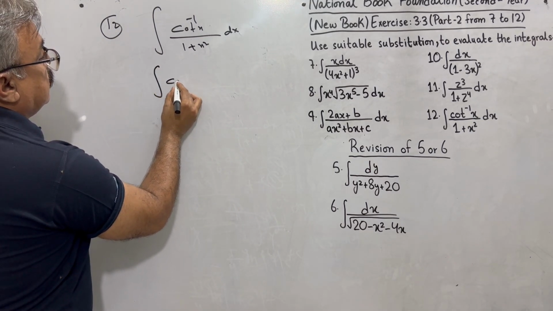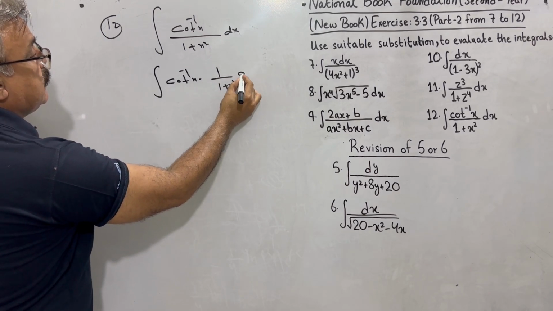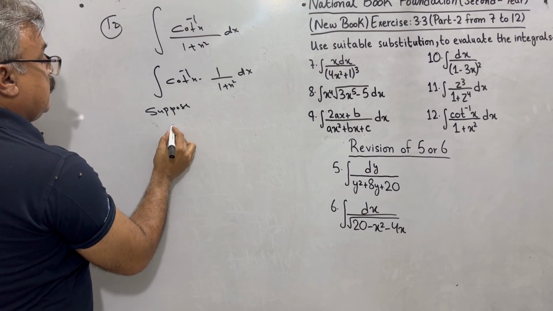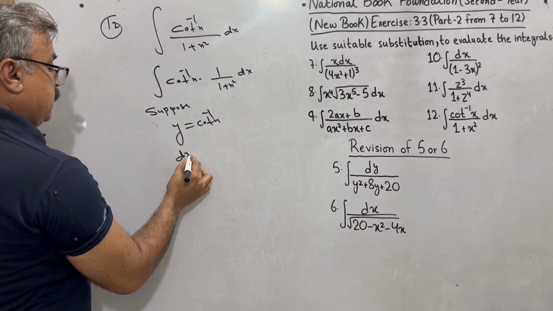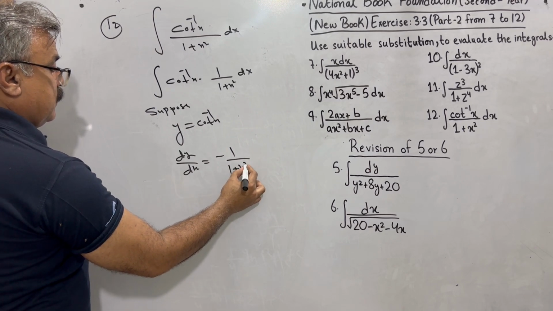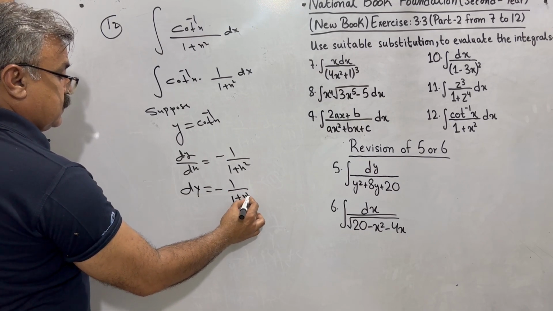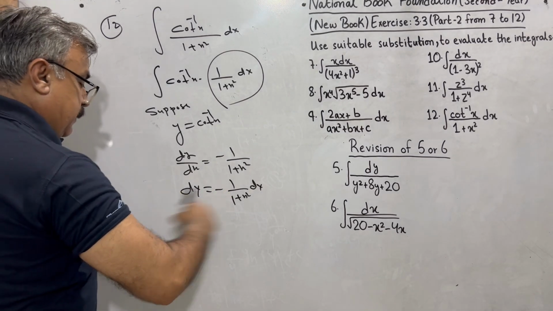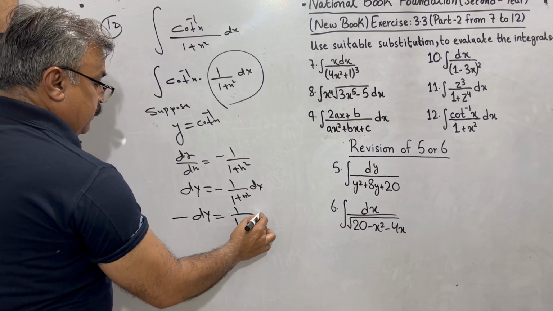This one can be written as cot inverse x times 1 over 1 plus x square dx. Suppose y is equal to cot inverse x, dy over dx. Differentiation of cot inverse x is negative 1 over 1 plus x square. Shift dx here. Solve for the differential. We are interested in the value of positive 1 over 1 plus x square dx. Multiplying by minus, we have minus dy is equal to 1 over 1 plus x square dx.